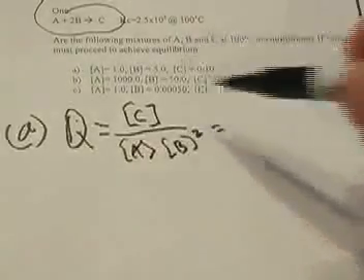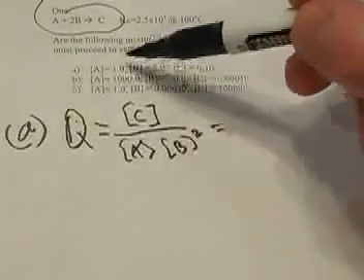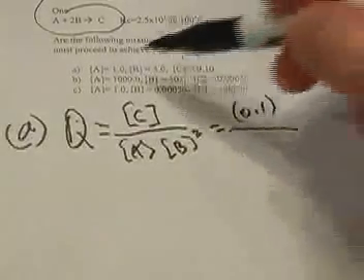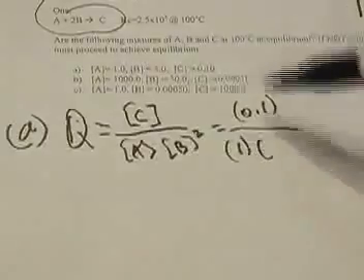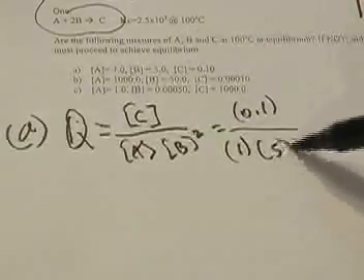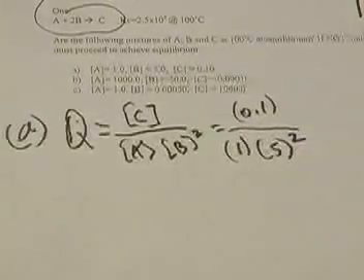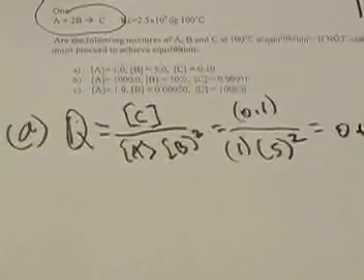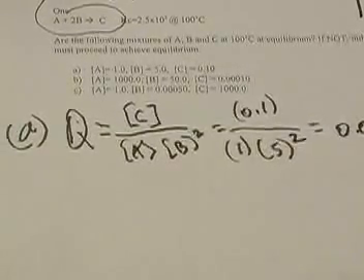And we plug in the numbers that they give us. Initially, C is at 0.1, A is at 1, and B is at 5, and we need to square that. And if we take 0.1 divided by 25, we end up with 0.004.